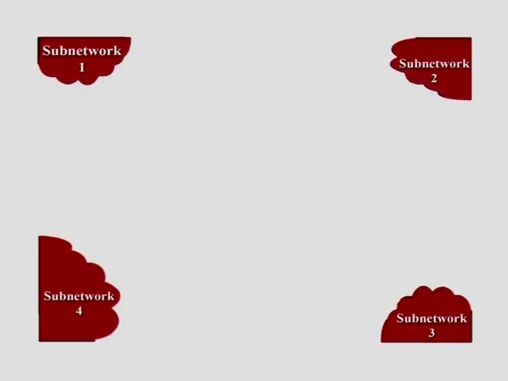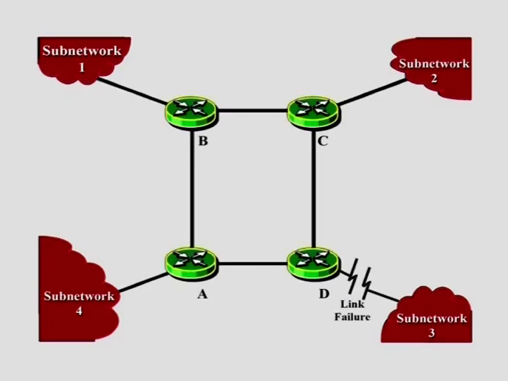In the figure shown, there are 4 subnetworks connected through 4 routers, namely A, B, C and D. Using the link state routing algorithm, each router exchanges information about its immediate neighbors and availability of paths with other neighboring routers.